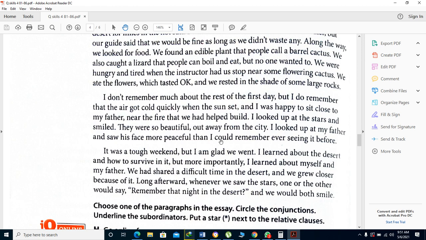And there's a relative clause right here, the fire that we had helped build. This is a compound complex sentence. It has got all the conjunctions that we can combine sentences with, like subordinating like when, and coordinating like but and. Select another paragraph and just try to come up with answers to this particular question.